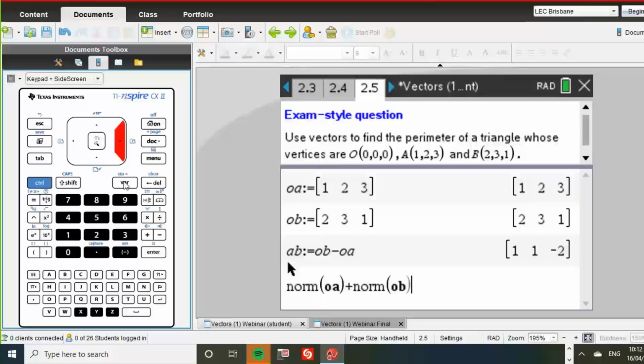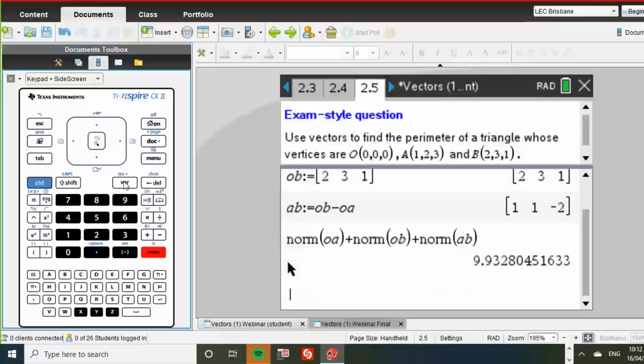If they were just normal print and italicized, that means we've done something wrong. So that's a good check. Plus norm of AB. And so they're our three side lengths. We add them together to form the perimeter. We press enter and we get the answer. To 2 decimal places it would be 9.93.